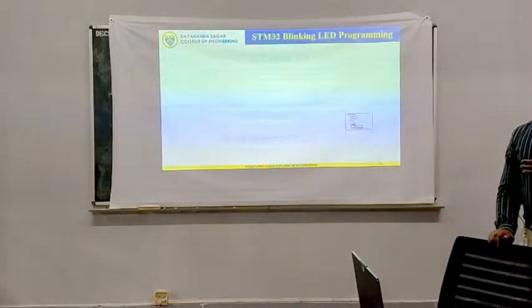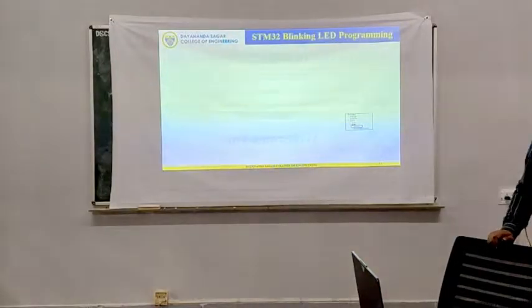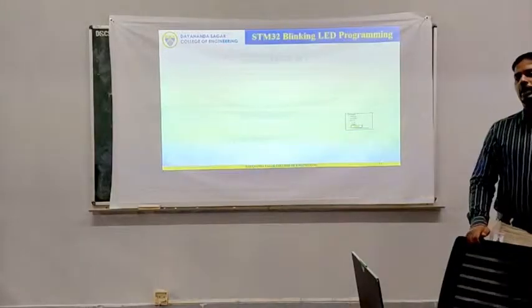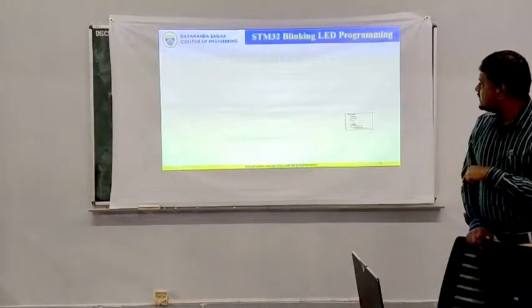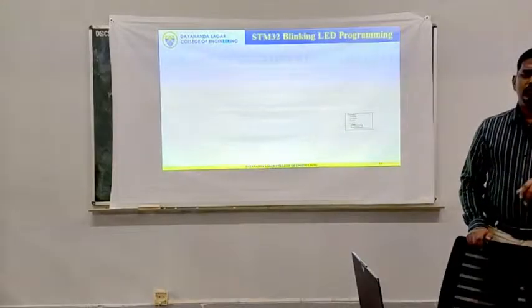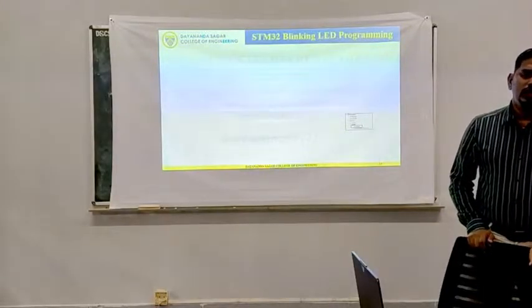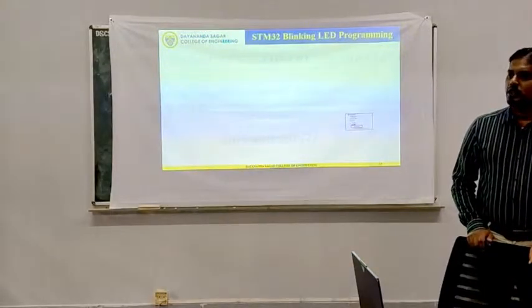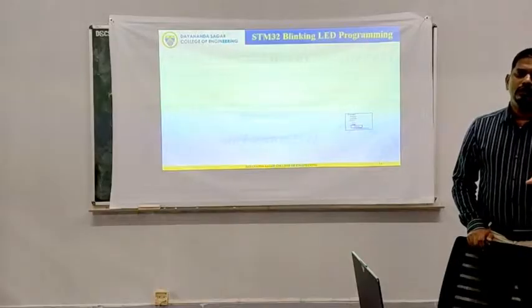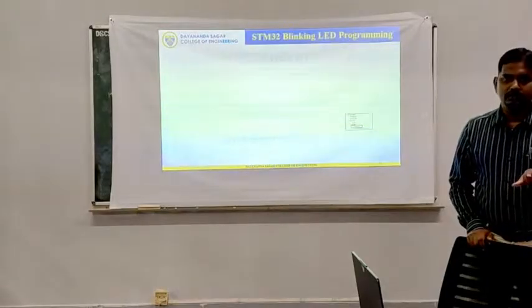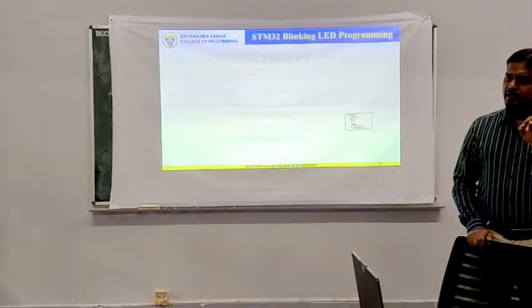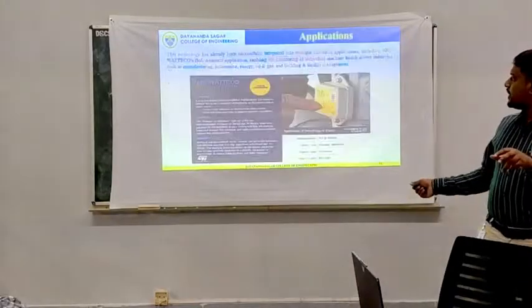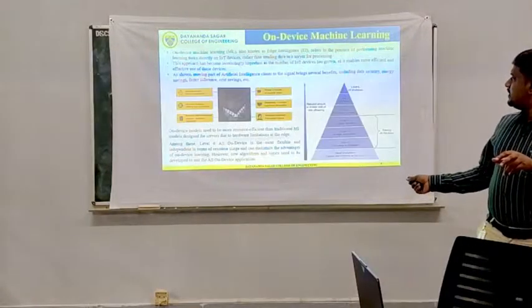It is always a basic program that they give for every controller. Why I wanted to give this as the very first experiment is, as I told you, unlike the Arduino board, here all the IO pins are programmable. Each pin has multiple functionality, which you can observe here.